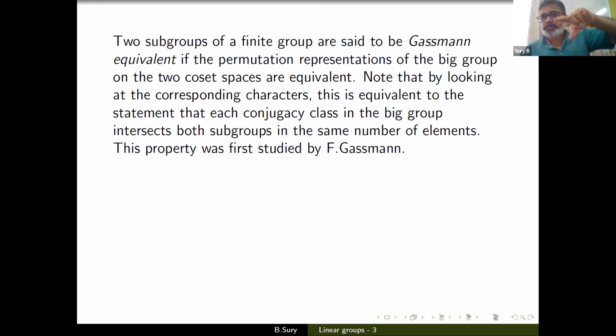Similarly, G is acting on G/H2. These are both permutation representations. If g1 H1 is a particular coset, then a small g acts by sending it to g g1 H1, that new coset. That new coset may be the same coset or some other coset. So there is a permutation representation.